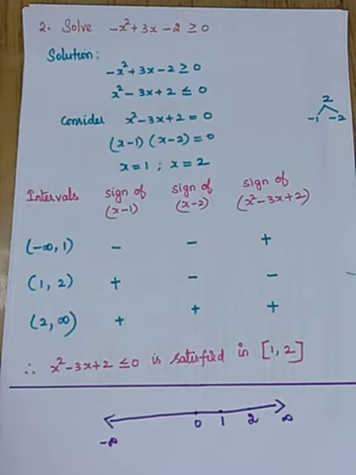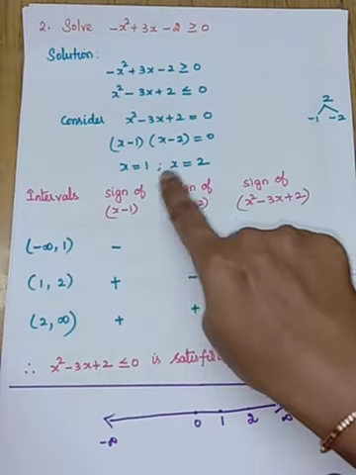Now we have to split the intervals. Starting from where to where? Minus infinity to 1, next 1 to 2, next 2 to infinity. The 0, it's the origin, you need not include. So our numbers are 1 and 2.